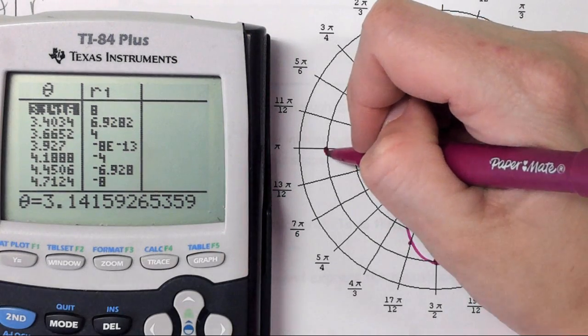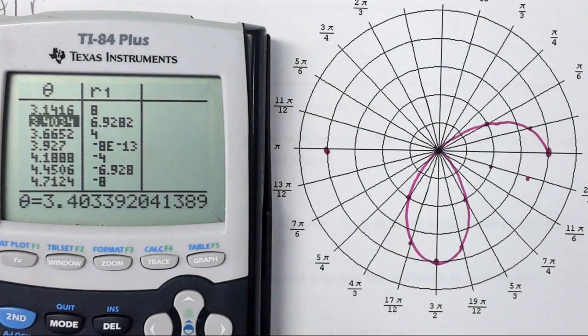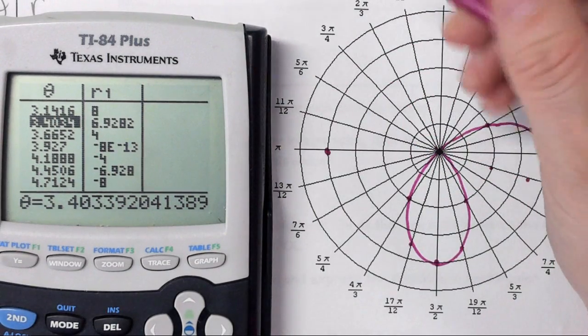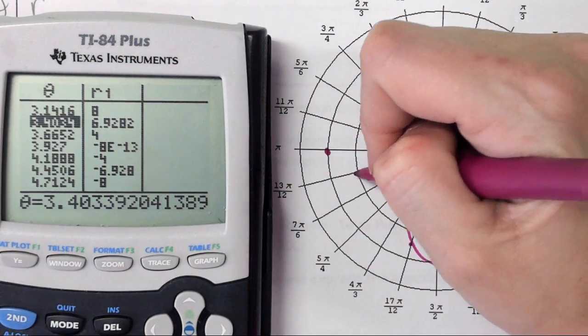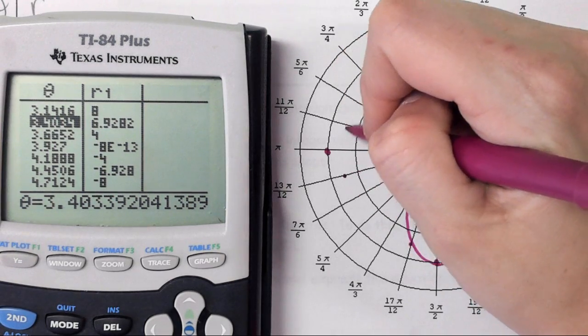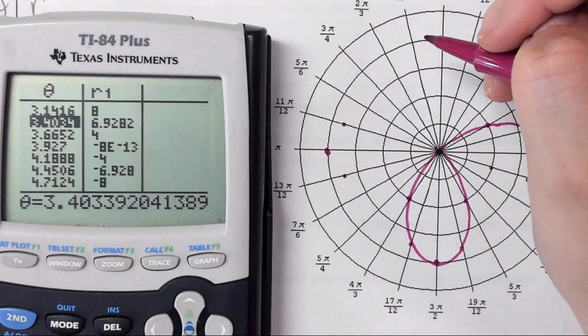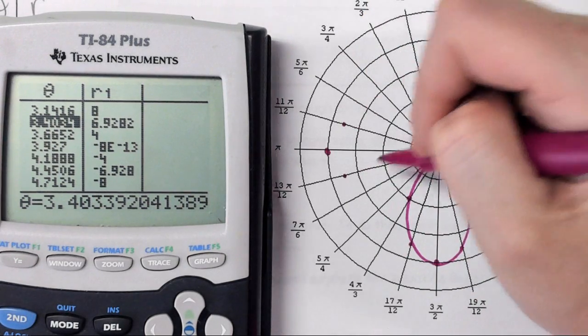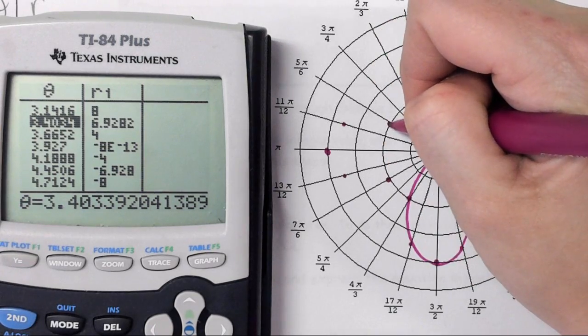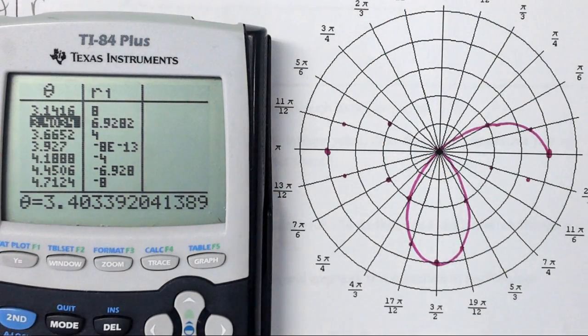Do you guys notice that the numbers are going to be the same for every single petal? So remember before we had the 6.9? This is going to be the same thing. And you can make them symmetric on both sides. And then the next one was 4. Okay, you guys doing okay?